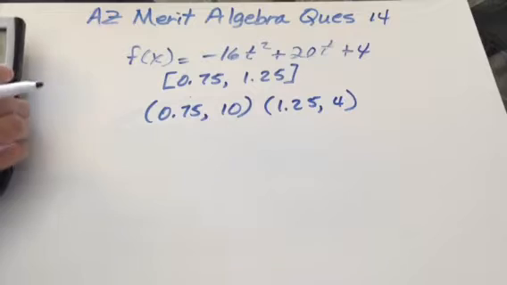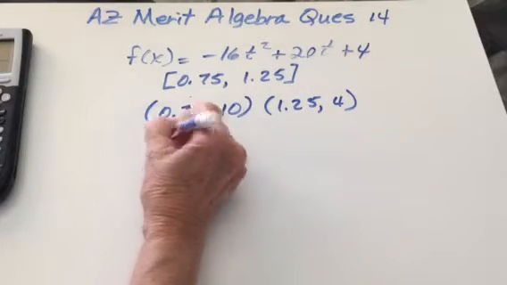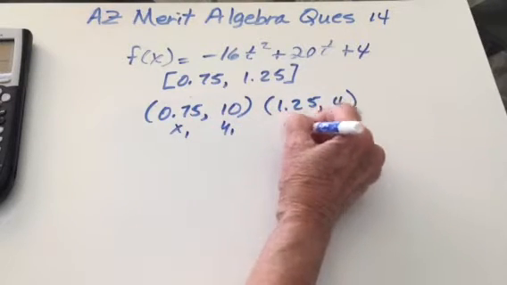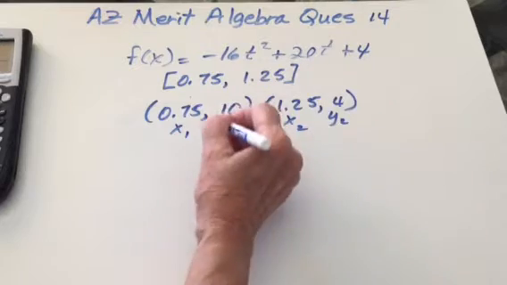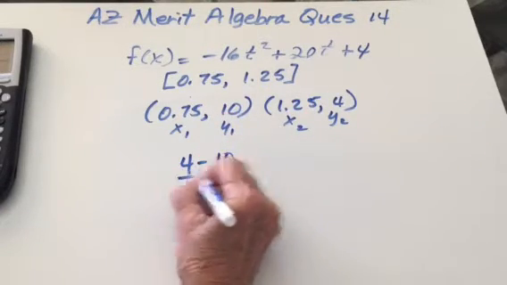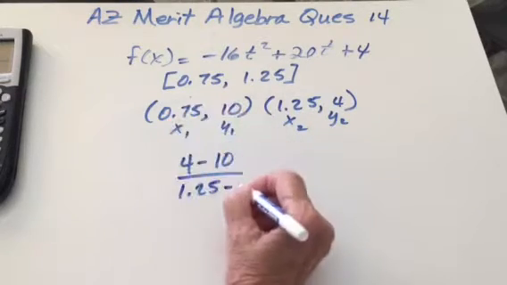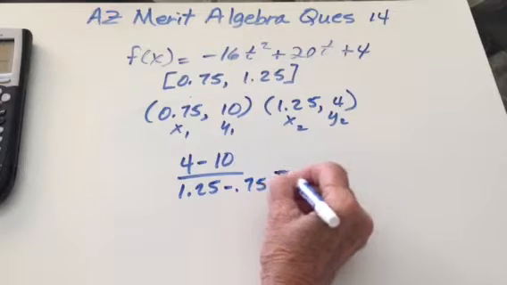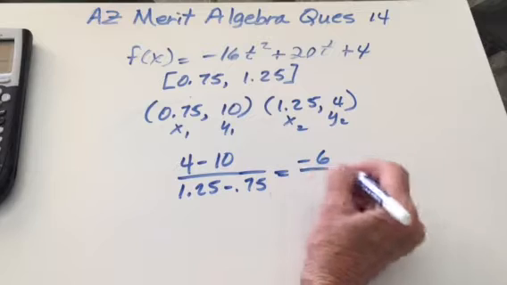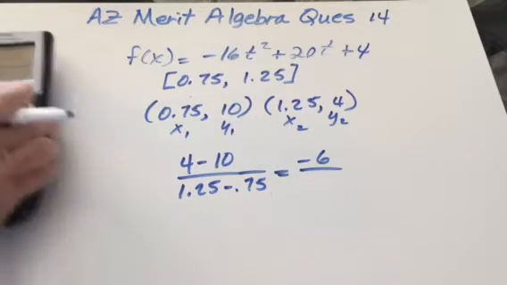Now I have x1, y1, x2, y2. y2 take away y1, so 4 take away 10, divided by 1.25 take away 0.75. 4 take away 10, of course, is negative 6. 1.25 minus 0.75 equals 0.5.